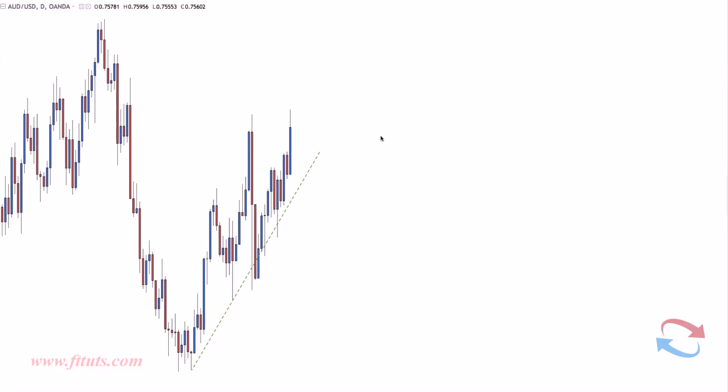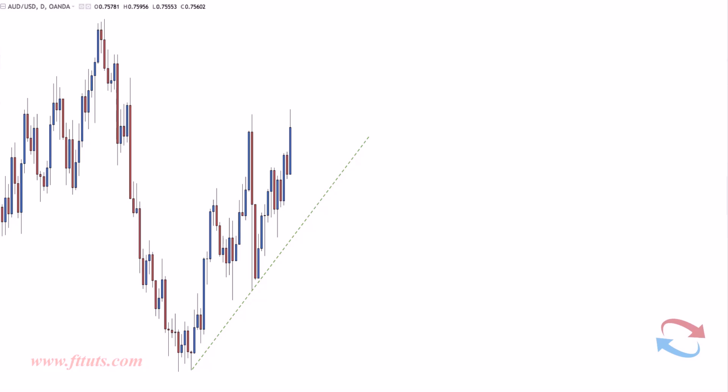You've got that high there, and we've got a bullish candle, and once we make a new high, this is where and when we move our trend line.